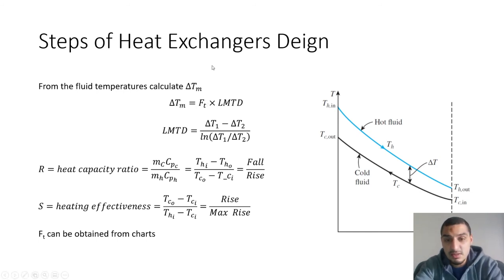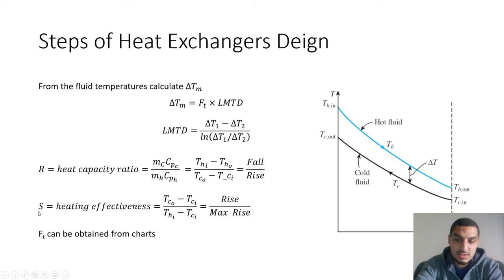To get the value of the correction factor, we calculate it based on the values of R and S. R is the heat capacity ratio, which is the fall divided by the rise: the reduction in temperature of the hot fluid divided by the increase in temperature of the cold fluid.